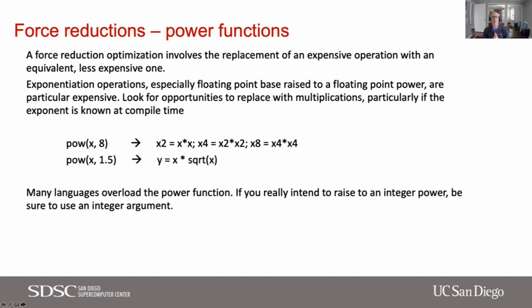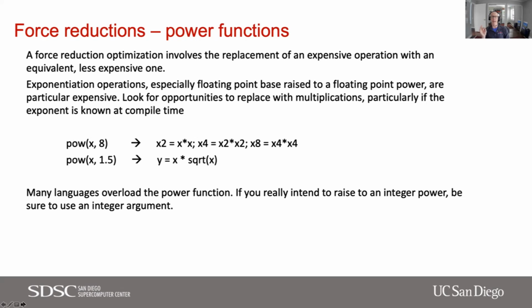Okay, I'm going to talk about one more type of optimization, then we'll do another example, and this is something called strength reduction. A strength reduction is when you replace an expensive operation with an equivalent, less expensive one. So exponentiation operations, especially a floating point base raised to a floating point number, are incredibly expensive. The trig functions, logarithms, and so on are expensive.